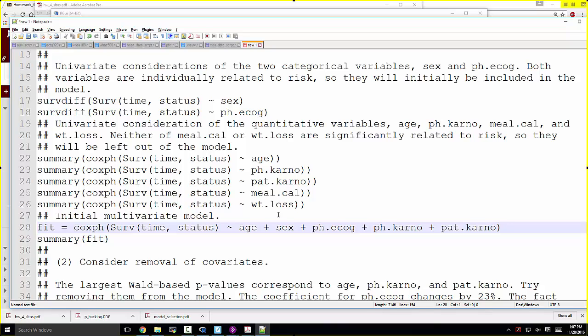Because if we're worried about the model selection routine and any impacts it's going to have on inference, one thing to consider is how sensitive the final model is to just what we put in as the model.